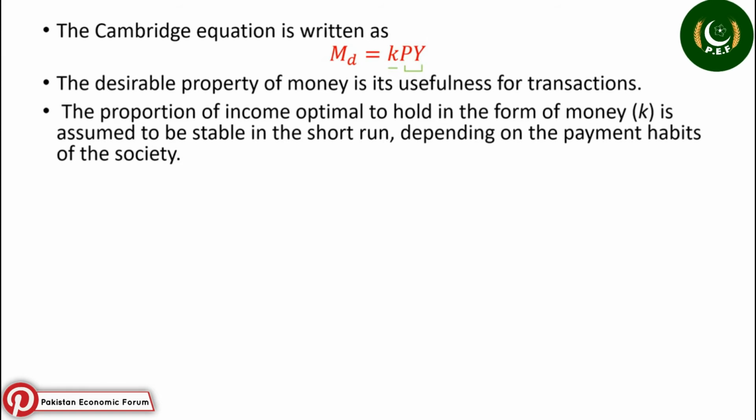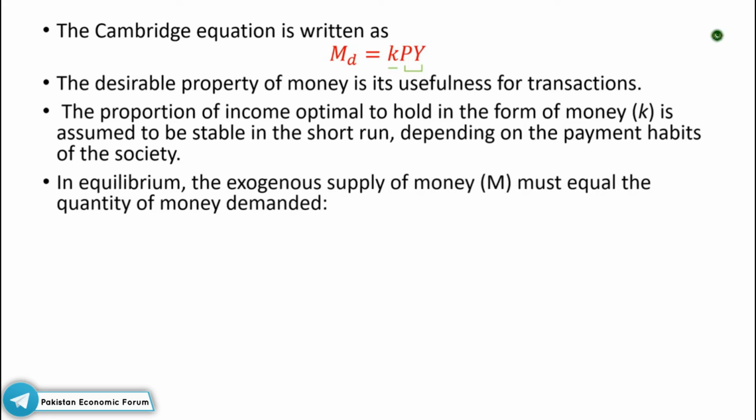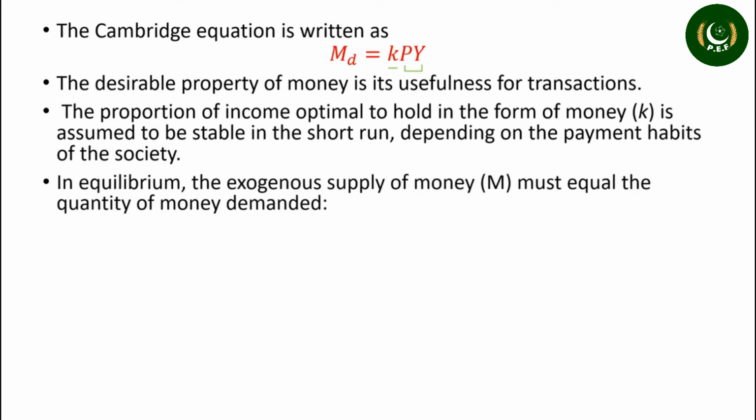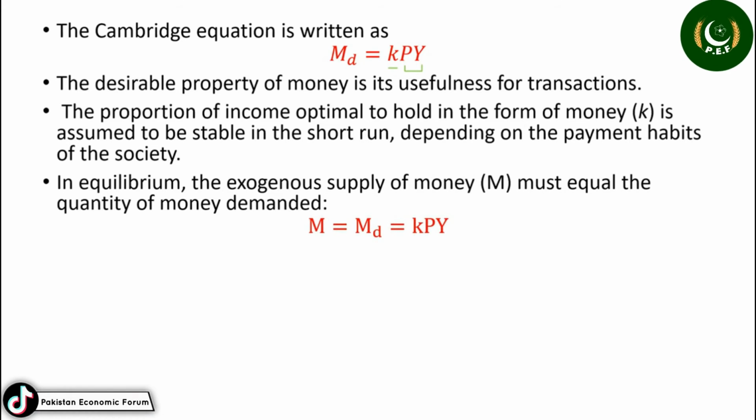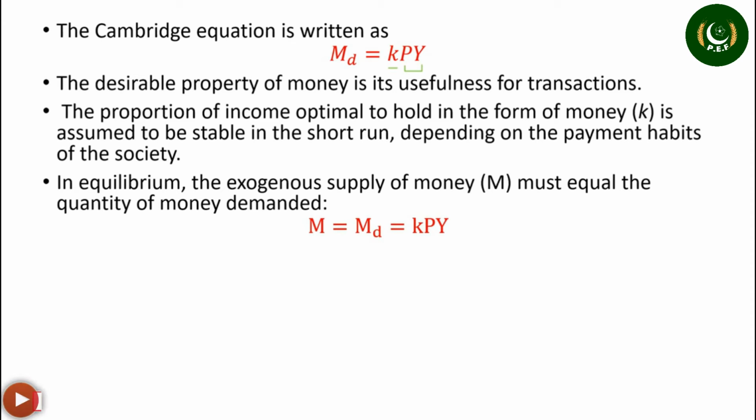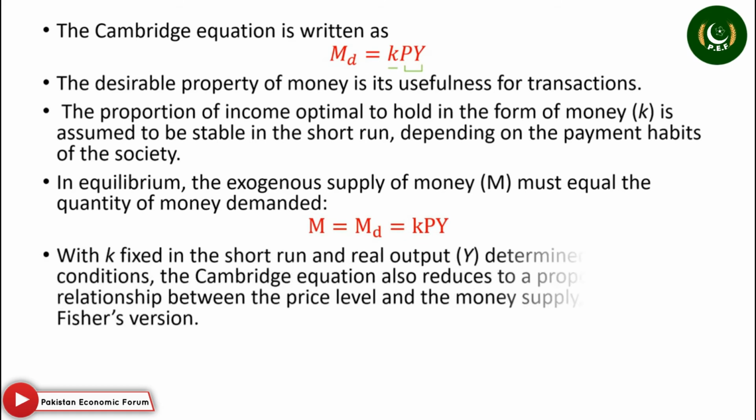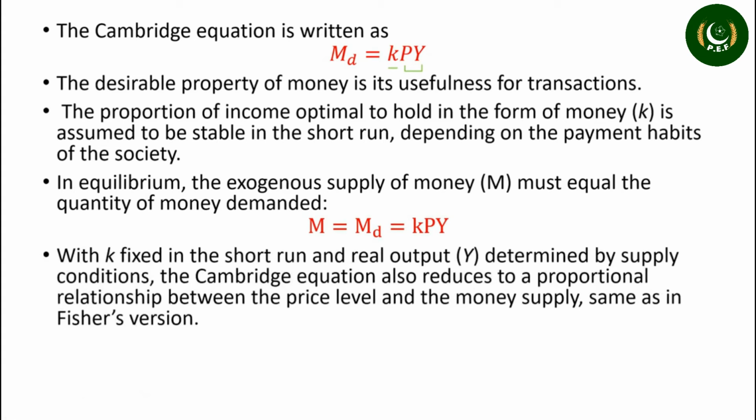Therefore, in equilibrium, the exogenous supply of money must equal to the quantity of money demanded. That is, with K fixed in short run and real output determined by supply conditions, the Cambridge equation also reduces to a proportional relationship between price level and money supply, same as it was in Fisher's equation.